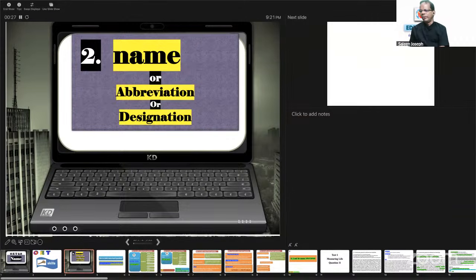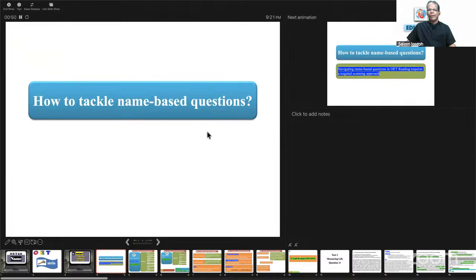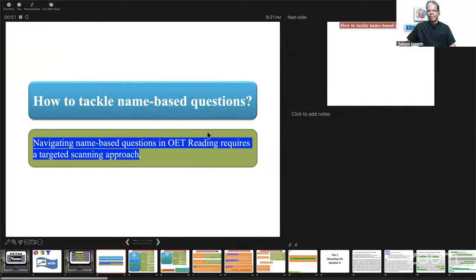It means a doctor or something of that sort will be mentioned, which I will give in the upcoming days with an example for everything. Designations and abbreviations are not many. Most of the name questions will have a name, but there are definitely some saying "doctors must", so a designation.